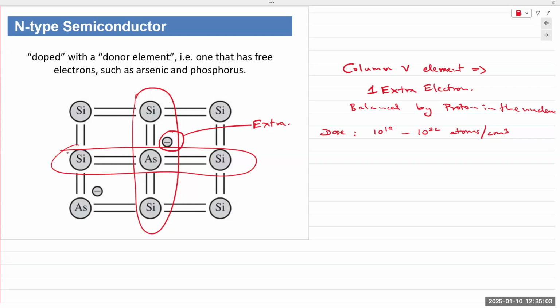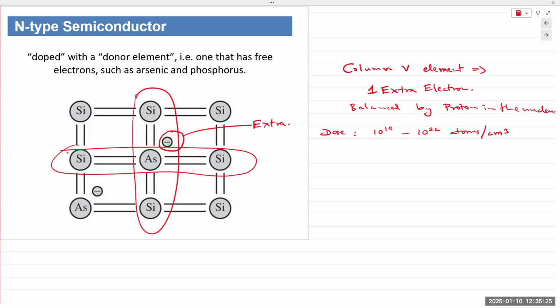Oh, atoms per centimeter cube. So one tiny cubic centimeter is flooded with 10⁻20 atoms of the dopant impurity.